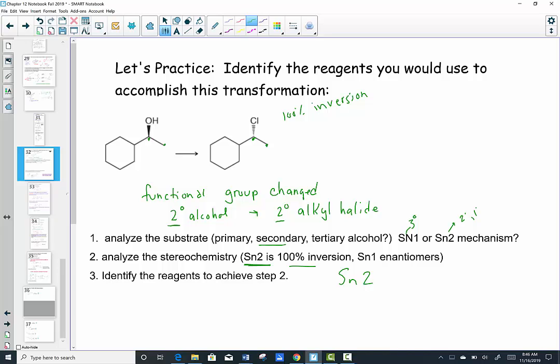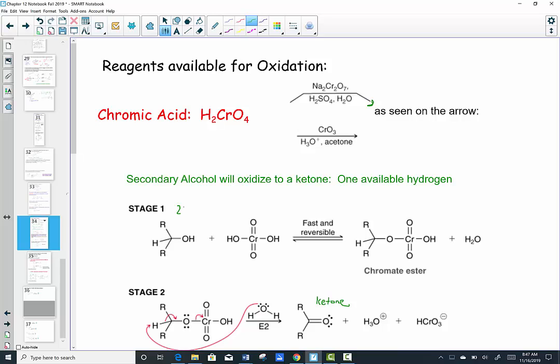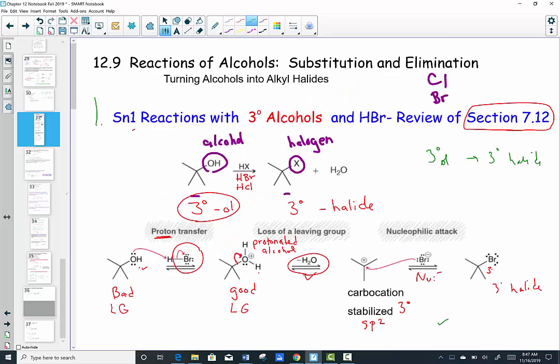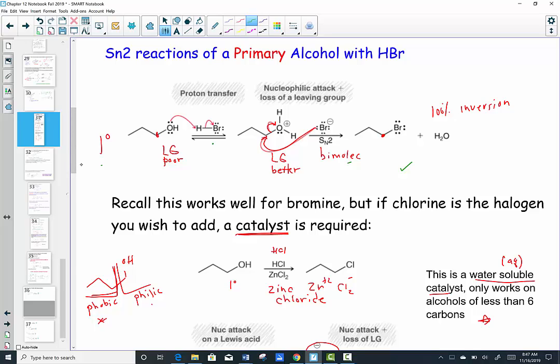So now I need to identify the reagents that will achieve this step. So that's our previous slide, your set of notes. It said, if I have an SN2 mechanism, how am I going to go about getting that conversion? And this is the slide I was trying to show. These are our reagents. I said we want to bring our eyes down to the SN2. An SN2 with a primary alcohol? Well, no, because it was secondary.